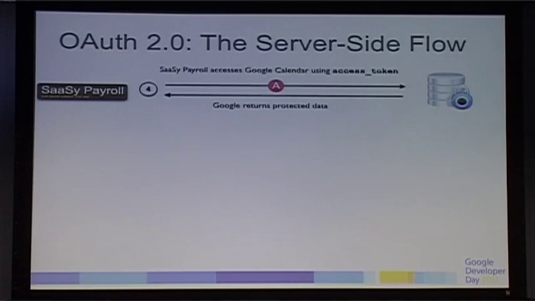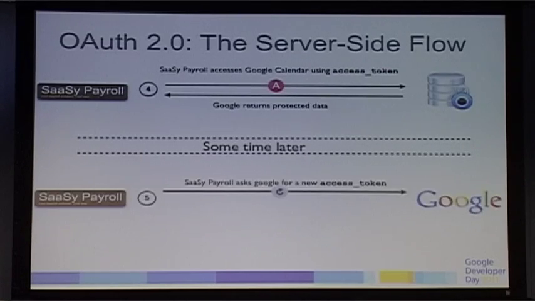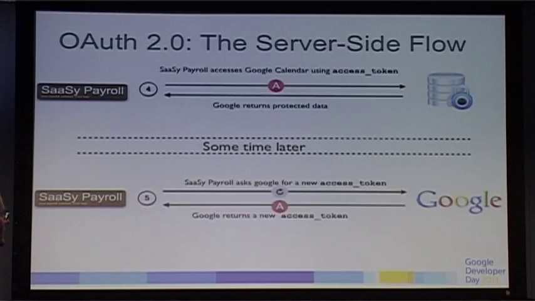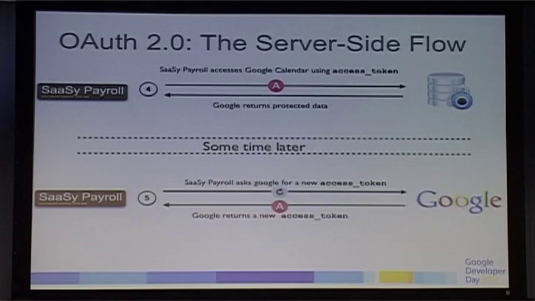Google returns the response. And then sometime later, if it needs to make other API calls, the application asks for a new access token by passing in that refresh token, and the application gets one. So fairly simple. I know it's many steps here, but this is much easier than OAuth 1.